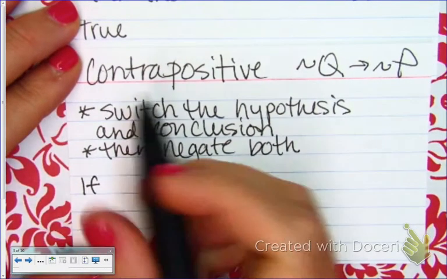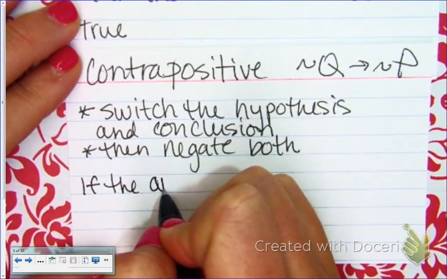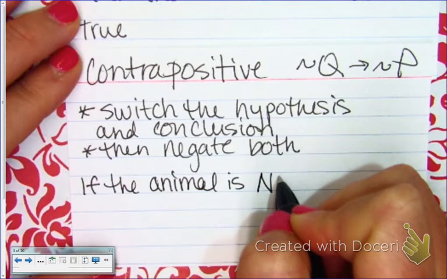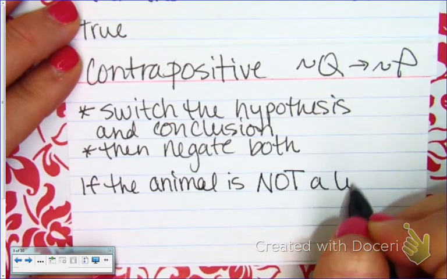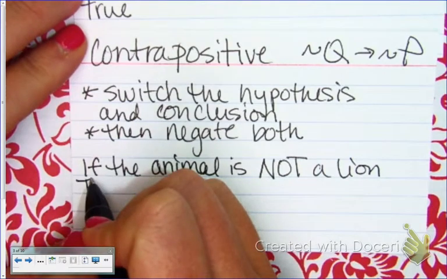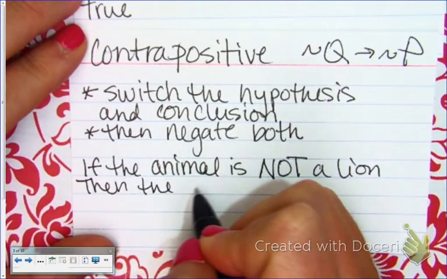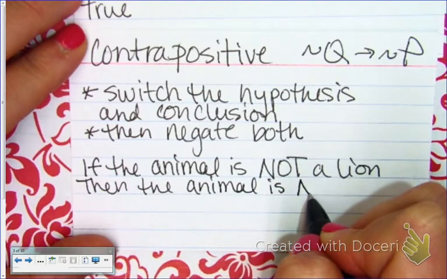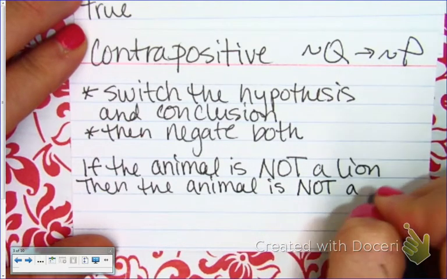So if the animal is not a lion, then the animal is not a cat.